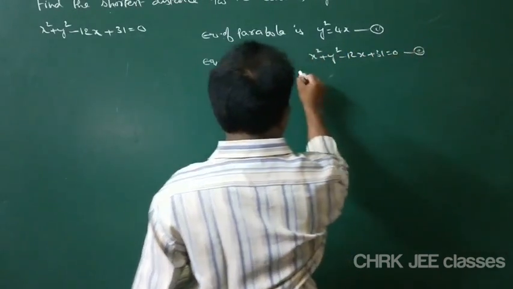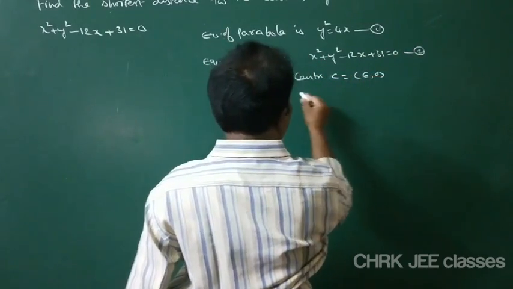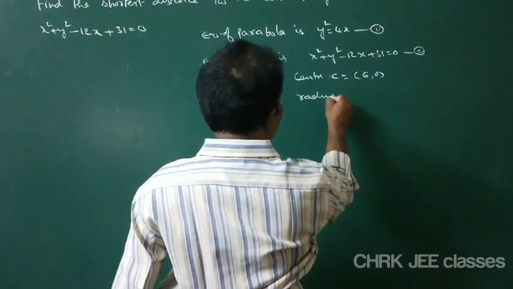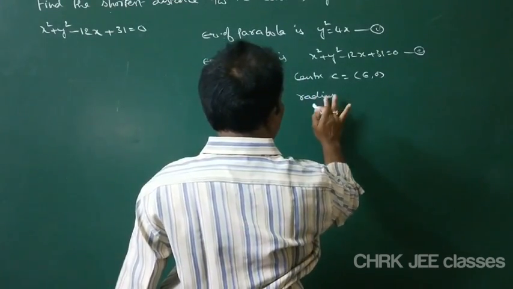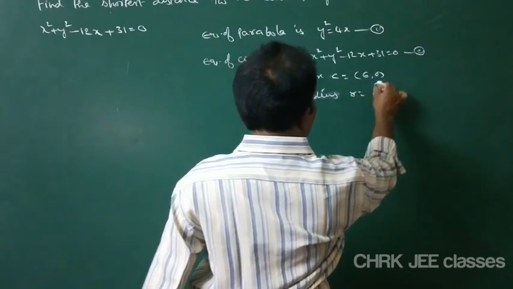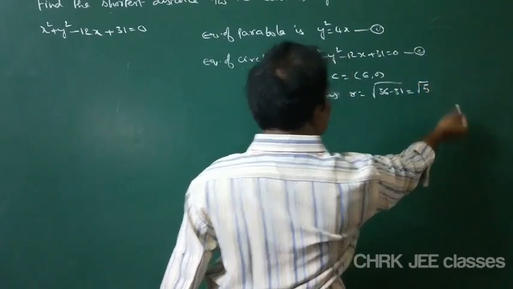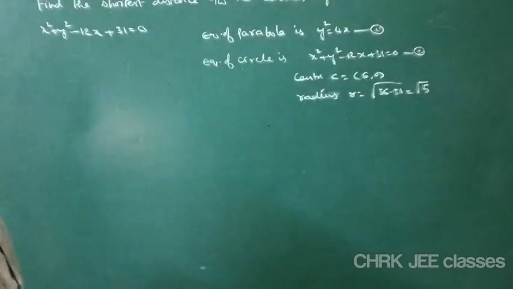Take this one as 2. Here center C equals 6 comma 0, radius r equals root over 36 minus 31, that equals root 5. This is the radius of the circle.